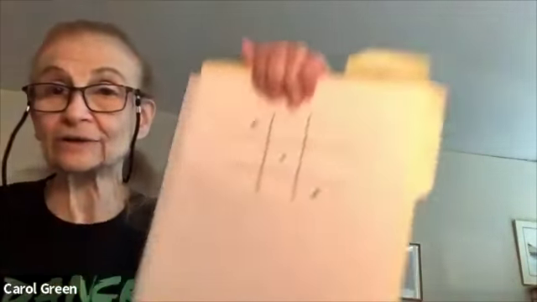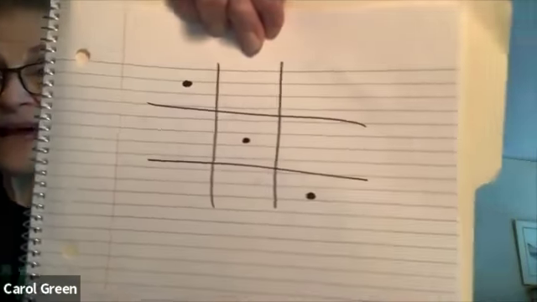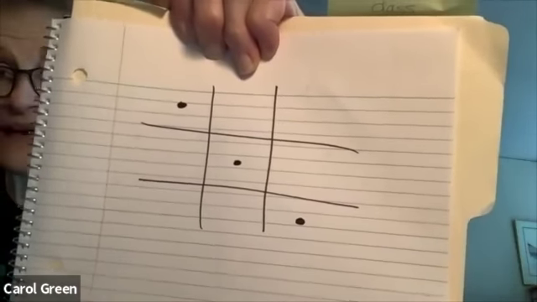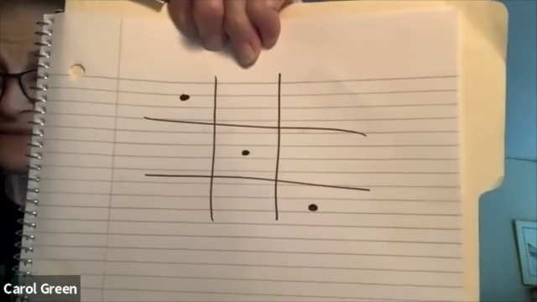Let's say I was playing tic-tac-toe, and I got 3 thingies in a row like this, right? I would say, ooh, I won. So that's another way to see the ooh under the letter. It's just 3 dots going at an angle.